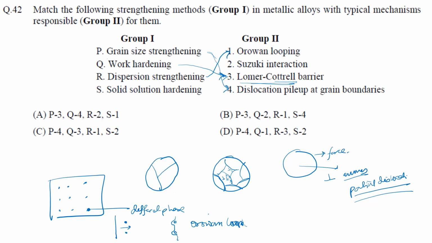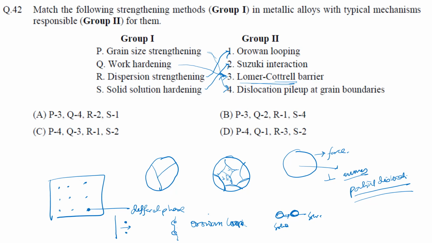Then solid solution hardening. Solid solution hardening will match with Suzuki interaction. It means the interaction between the substitutional solute and the atoms of the solvent. One is the solvent and one is the solute.